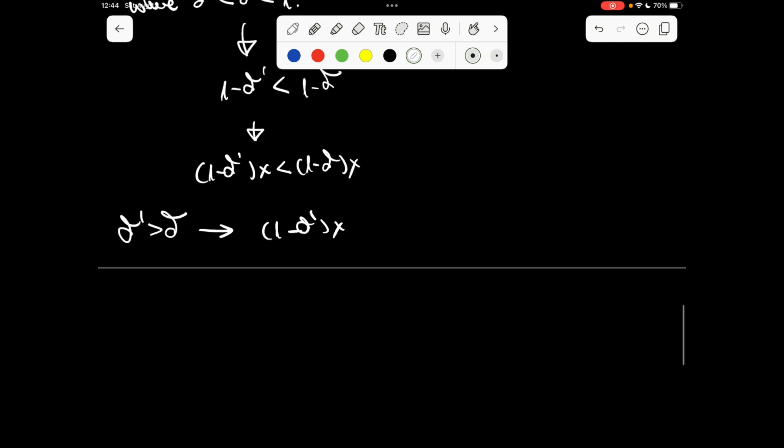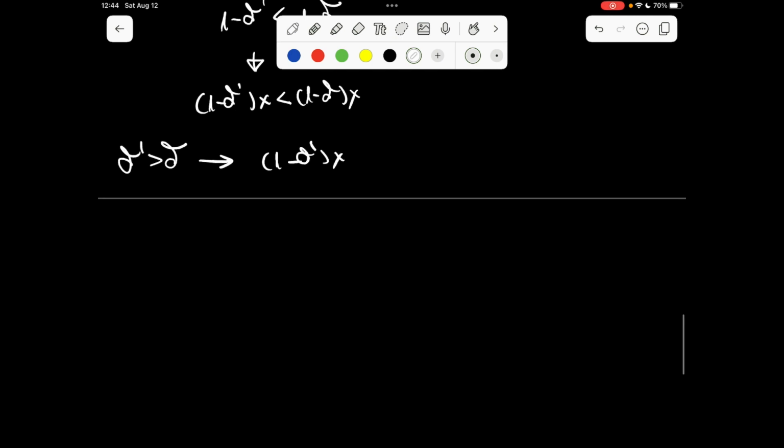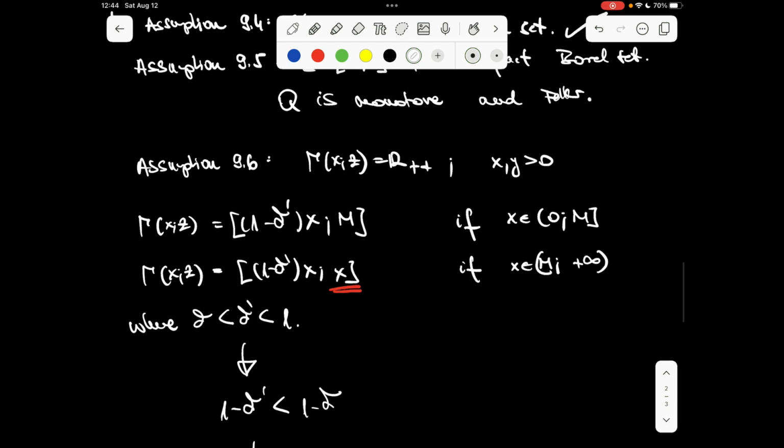So later we will examine it in detail. Correspondence gamma is compact, and it is continuous because the lower bound and the upper bound are continuous functions. Gamma is non-empty, and as we saw, it's compact, so assumption 9.6 holds. It's okay. So next step.